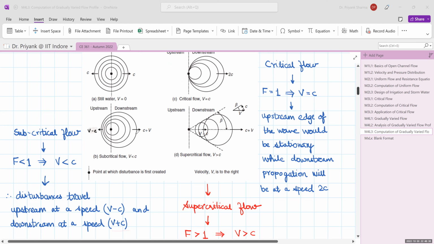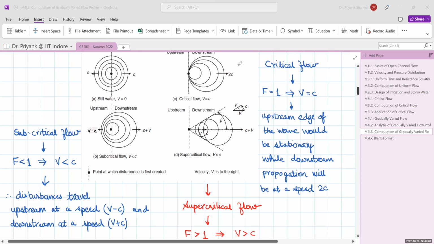So both upstream and downstream movement is there with respect to the point where the initial disturbance is created. Now if we go for the critical flow, the Froude number is 1, so v is equal to c. In that case, the upstream edge remains stationary, that front is not moving, while downstream it propagates with a speed of 2c, that is twice the celerity.